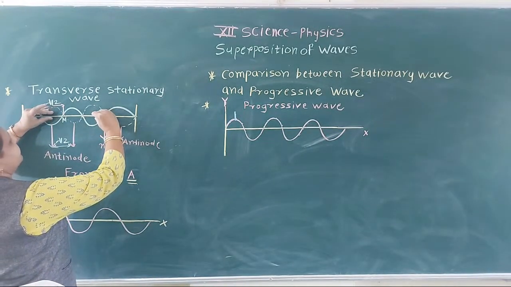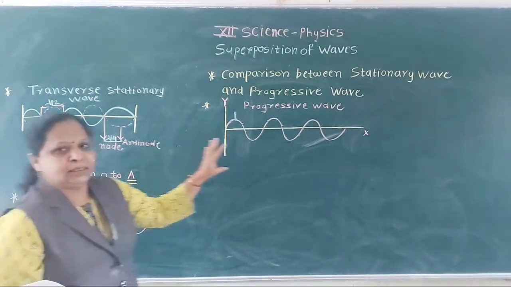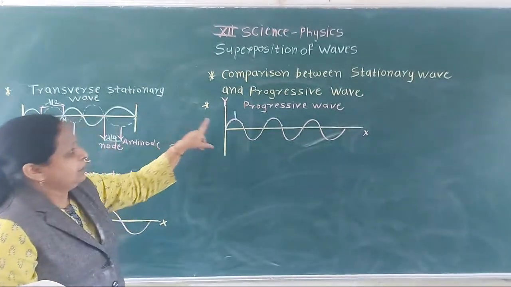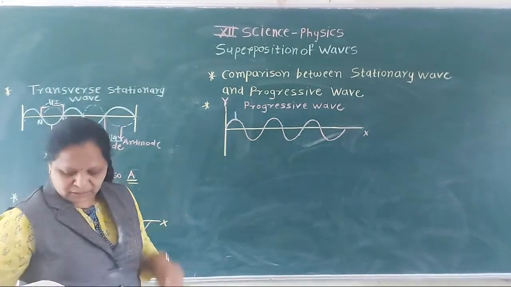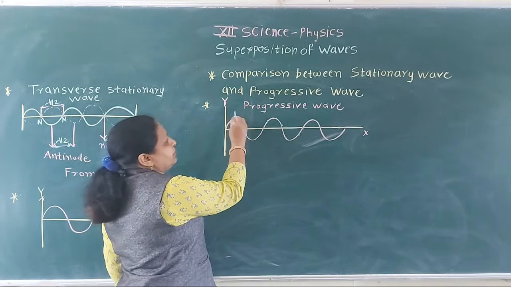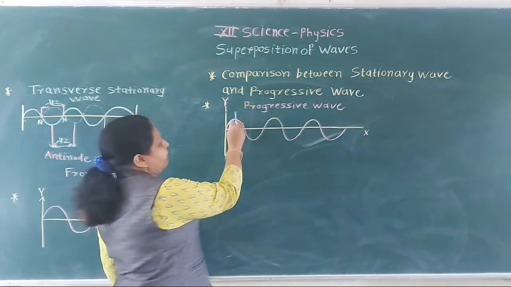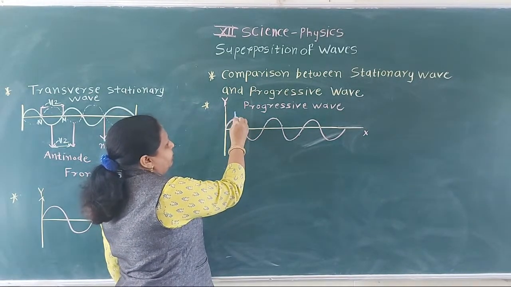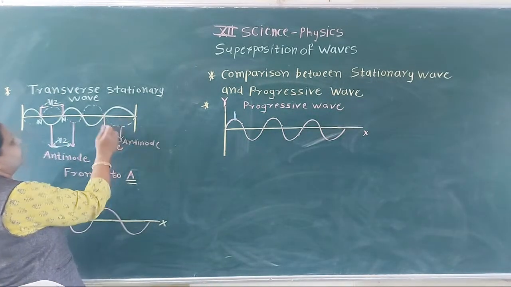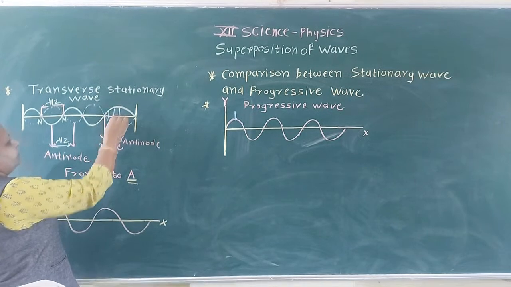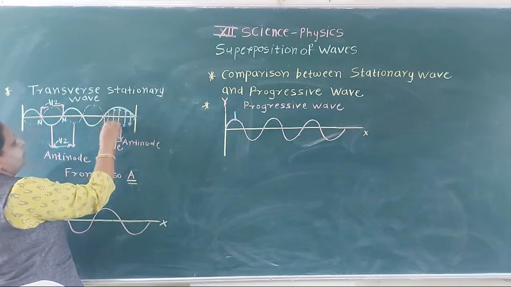Now in a progressive wave, the amplitude is the same for all the particles as they travel through the medium. But in a stationary wave, the amplitude is different for different particles.